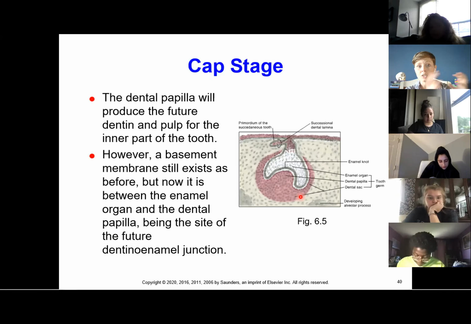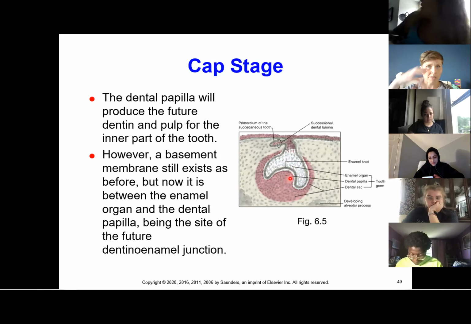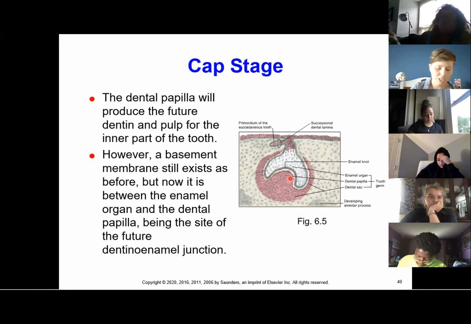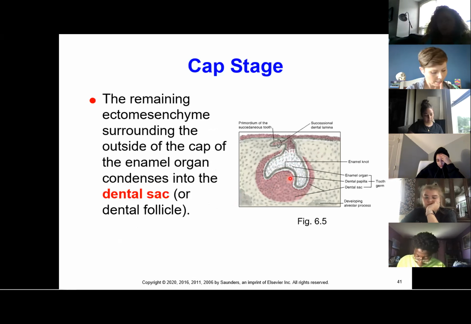Dentin is the inside of the tooth, the enamel the outside. So this enamel organ is going to eventually turn into the enamel. Then they have this nice white line here, and then you have your dental papilla, and you're going to end up with that junction there because the dental papilla is going to turn into the dentin and the pulp. All right.